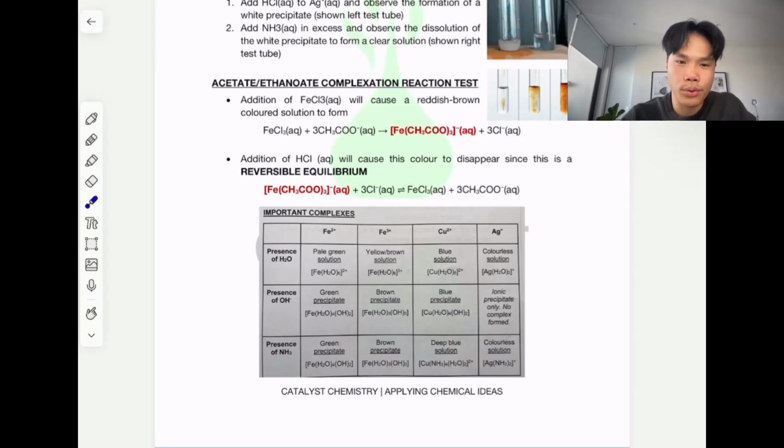That would be the full explanation, but you could simplify it to: if I add iron chloride, the solution turns red, and if I add excess HCl after that, the solution decolorizes because the complex returns to its original acetate form, which is colorless. That would be a simplified version.